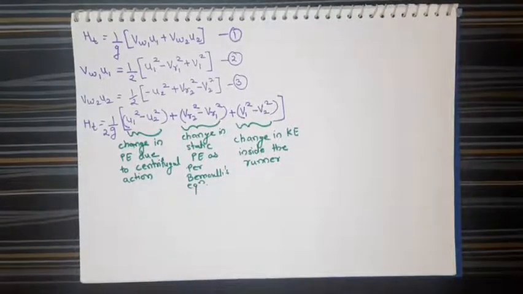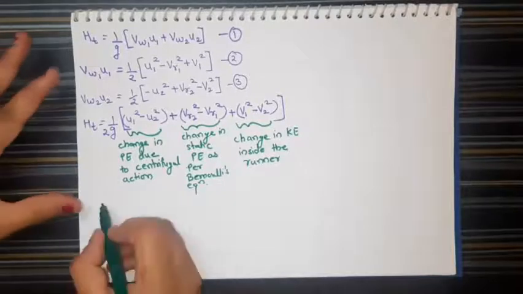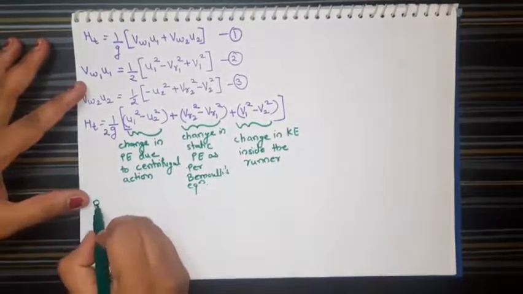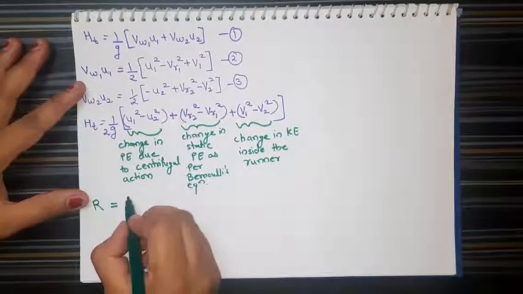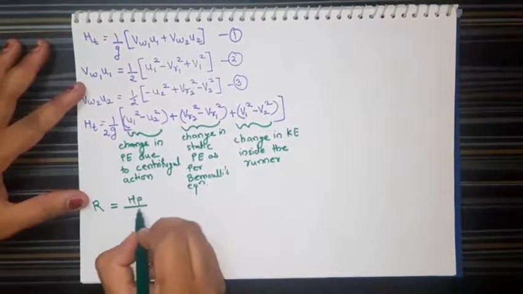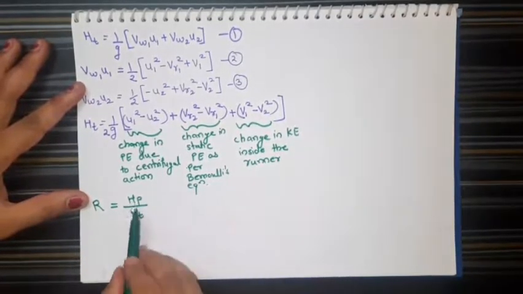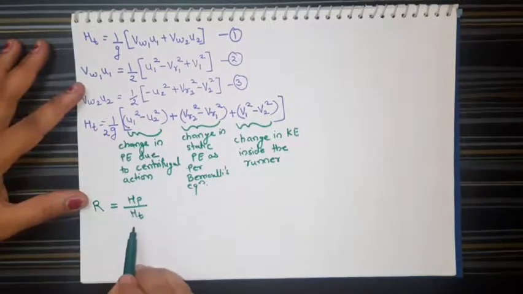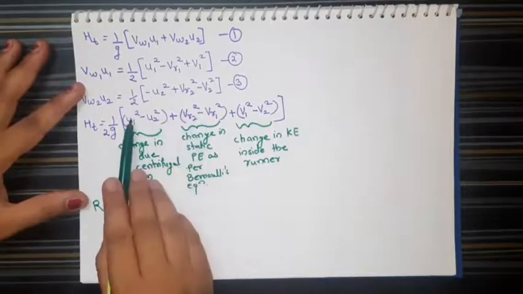Now, as per the definition of reaction turbine, degree of reaction R is equal to HP upon HT. That means change in the pressure energy to the change in total energy. So change in pressure energy is these both terms.